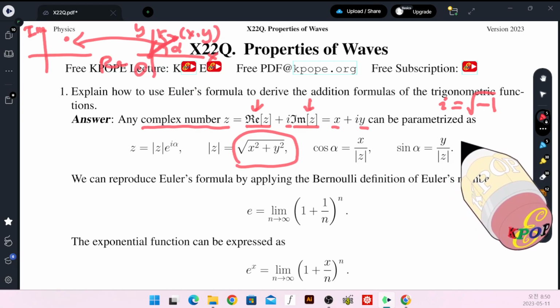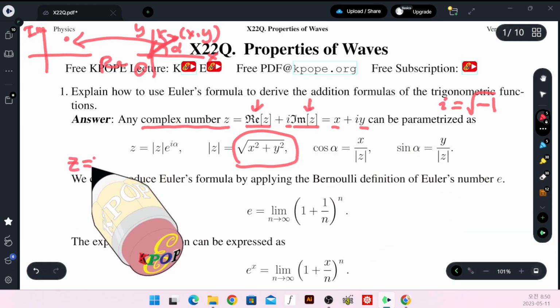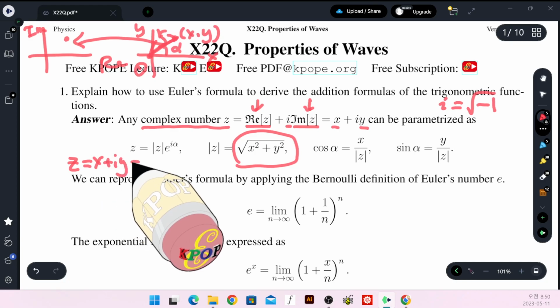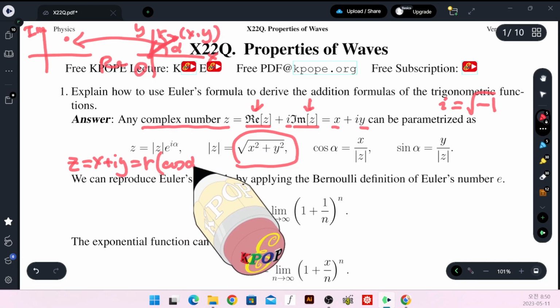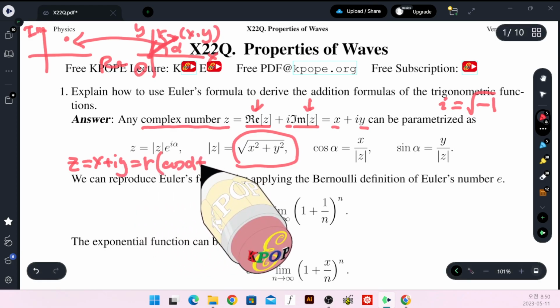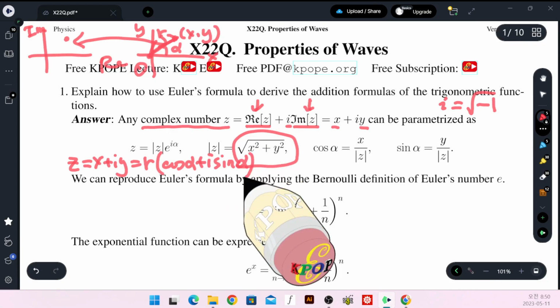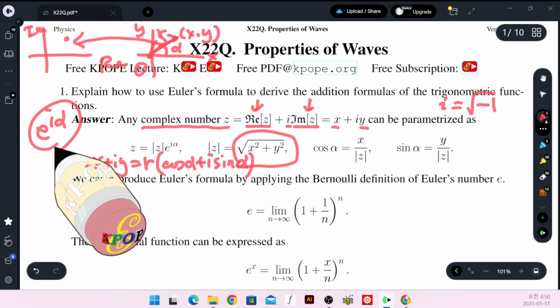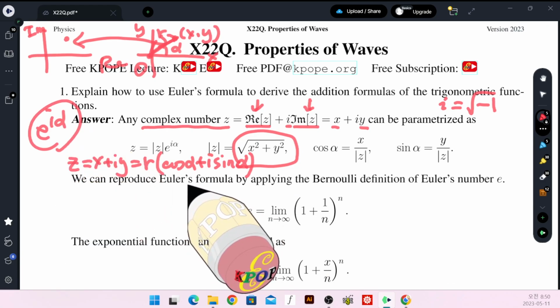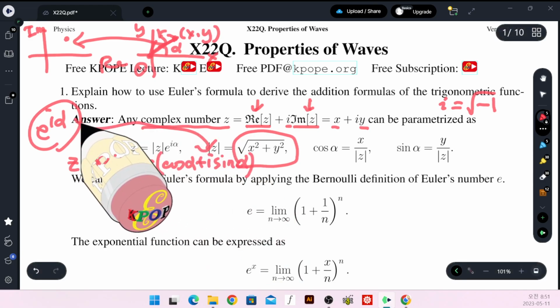Therefore z is x plus iy, where x is r cosine alpha and y is r sine alpha. So we can define this by e to the i alpha. However, we could either define this or prove whether it is really true.